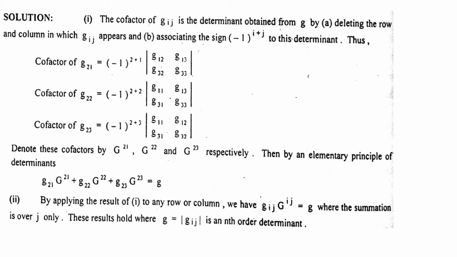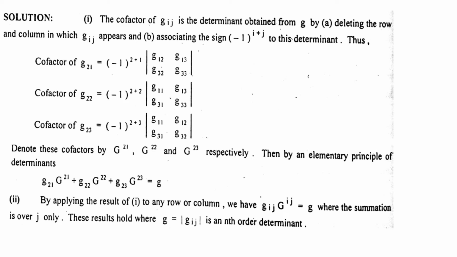So in terms of the second row, the determinant of the given matrix is given by g21 G21 plus g22 G22, the cofactor of the same element, plus g23 G23, the cofactor of the same element, equal to g, which is denoted as |gij|, or we call it the determinant.